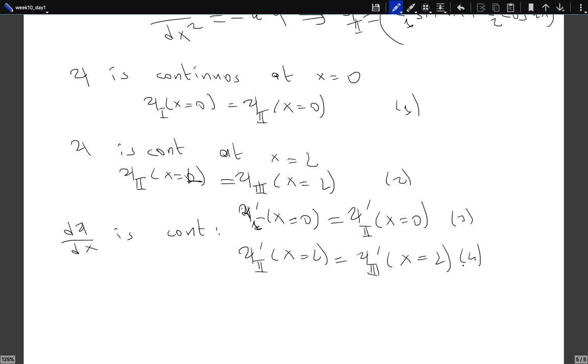You have four unknowns and four equations, plus one more equation. Well, if you have four unknowns and five equations to be satisfied, in general, you don't get any solution. There won't be any solution.